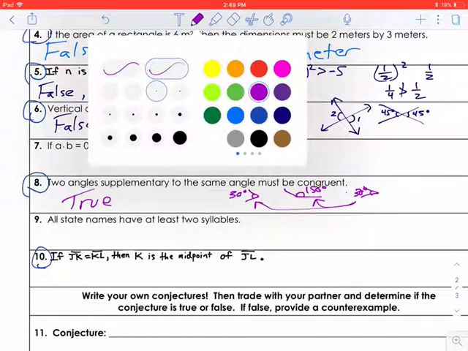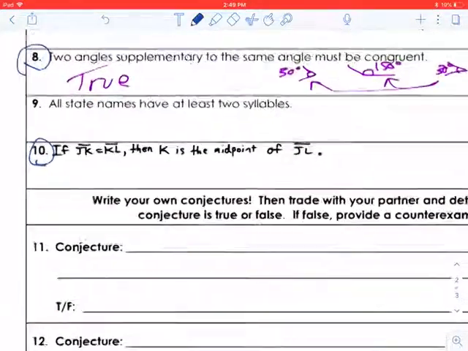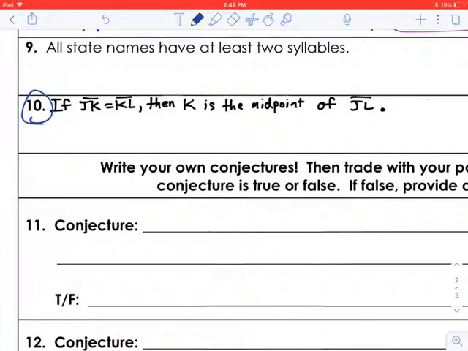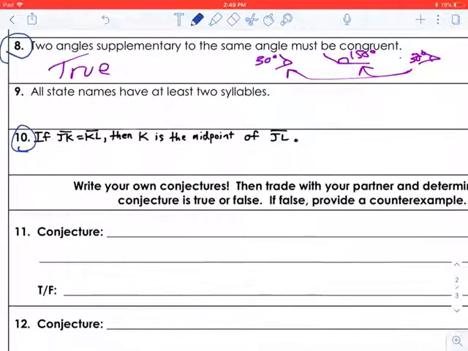Okay, so number 10, if JK equals KL, then K is the midpoint of JL. Well, that situation could be true. JK is congruent to KL, then K is the midpoint. That makes sense. But does it say anything about JL being a line?